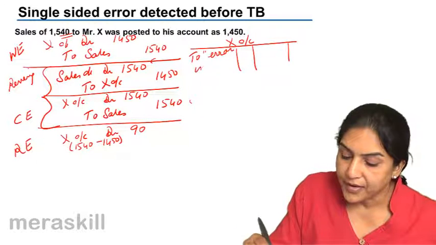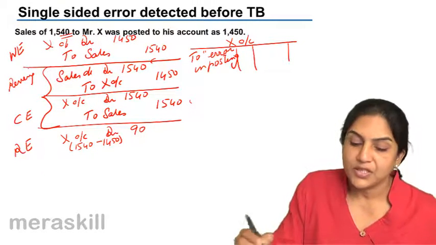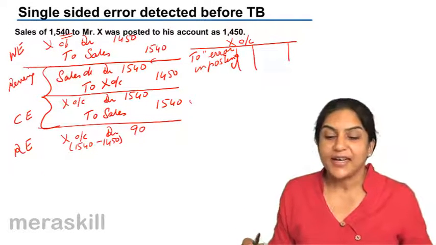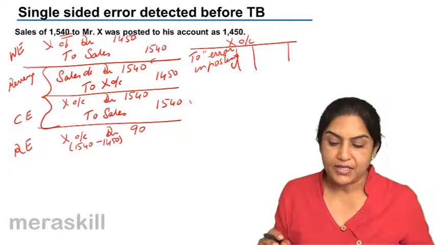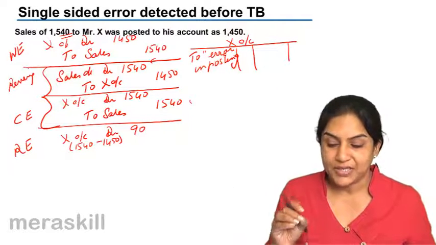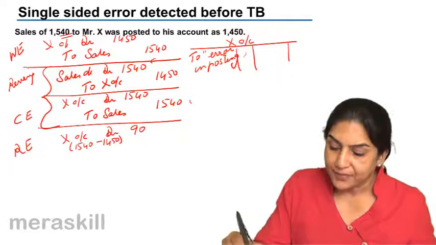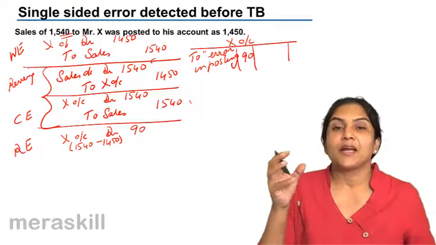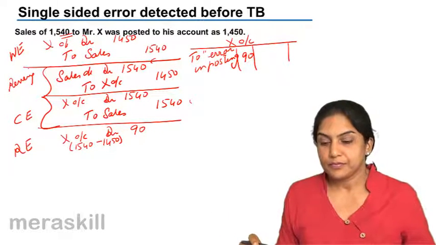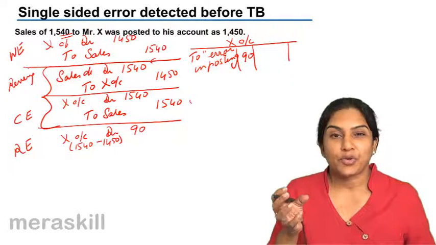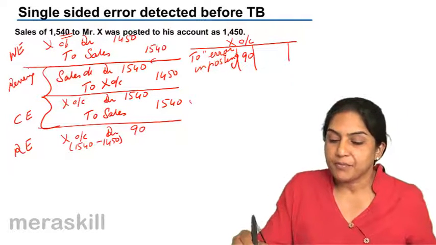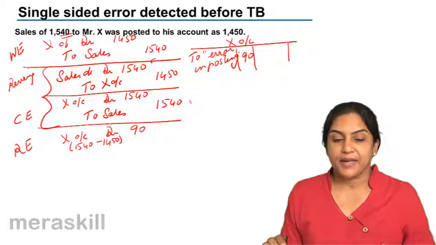This is not really, I repeat, an account, because these are single-sided errors detected before trial balance. We simply go to the proper side and pass and fill in the amount of error, amount of difference. To error in posting, rupees 90.